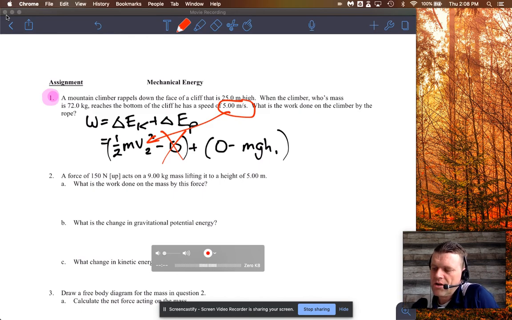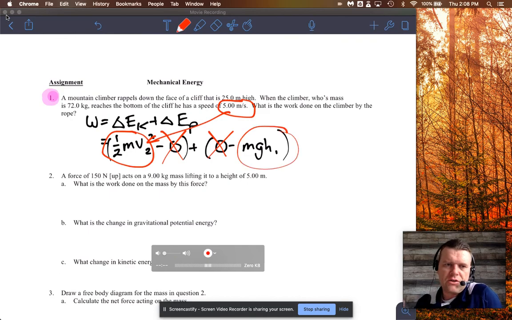Now, you have to think the same way when you get to the potential energy. His final potential energy should be nothing. He's reached the ground. So you have a 0 in the mgh2 there, and it's not going to add anything. But then you have mgh1. So really, we have to calculate 1/2 mv squared and mgh1, and then add those two together.